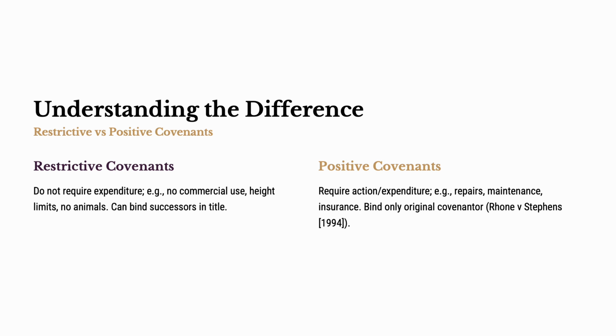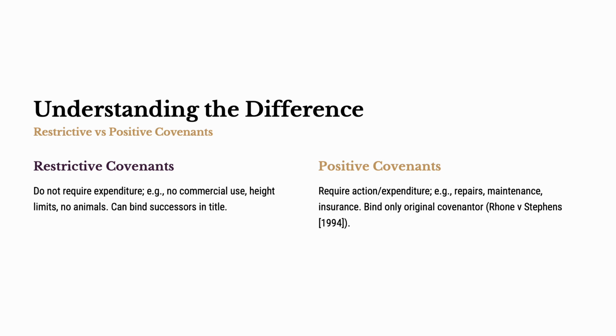So the most important classification: this distinction determines whether the burden can bind a successor, and it's very essential to understand in deciding will it go with the land or not. So restrictive covenants are negative in substance. They prohibit or restrict the covenanter from doing something on the servient land. Crucially, they do not require the covenanter to spend money or take positive action.